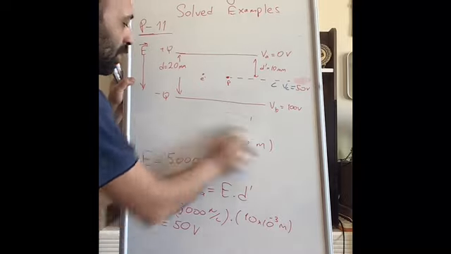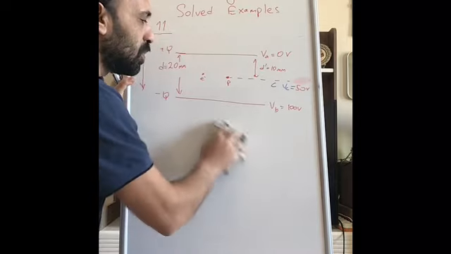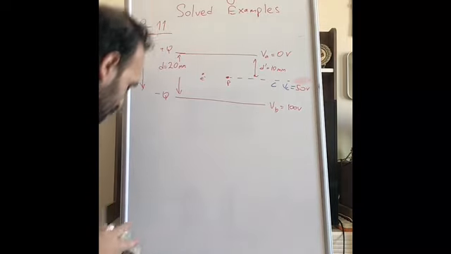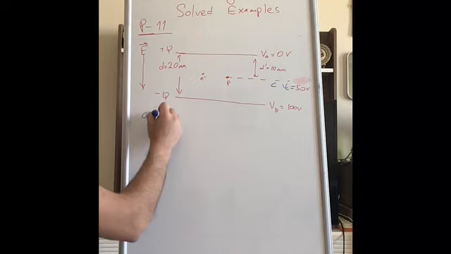Now, first part, let's keep in mind these numbers because we can use them in our calculations. So first part is asking the location of the electron and proton after they move 5 millimeter.